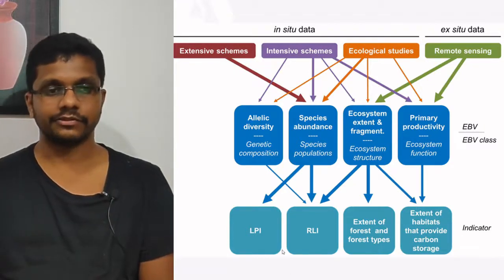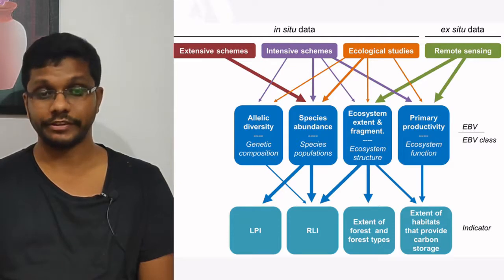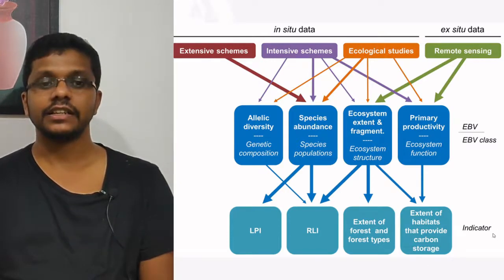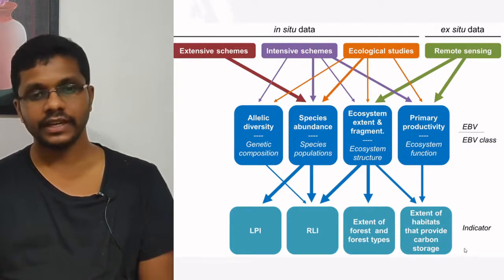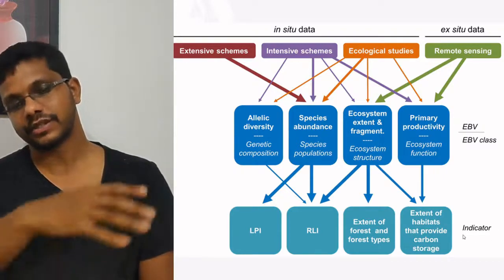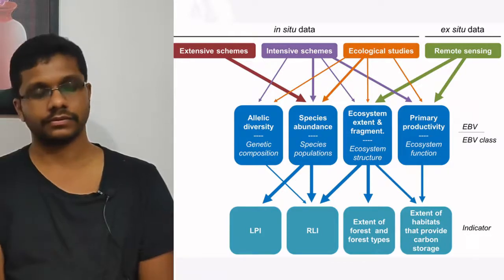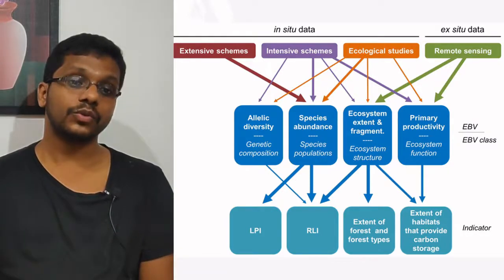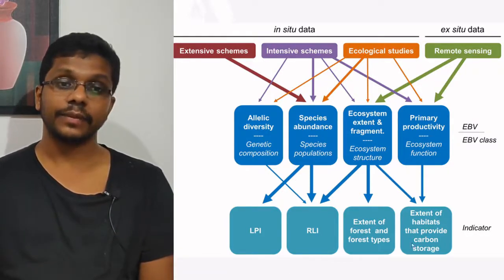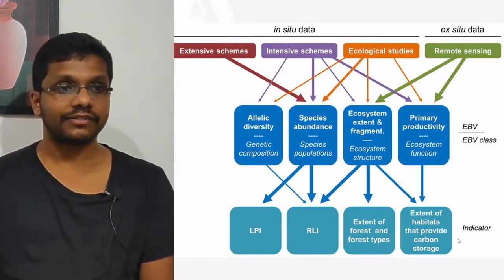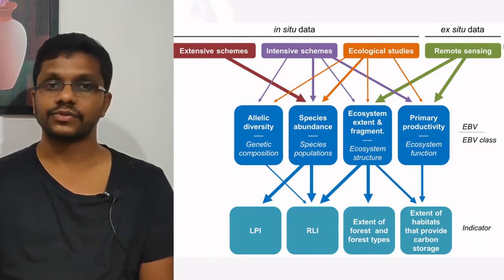What we need for the global biodiversity monitoring is the indicators of biodiversity. Okay, we should have some mechanism to say that the biodiversity is increasing, decreasing, or whatsoever. So what we need is indicators for biodiversity changes, and what we have is different types of studies.